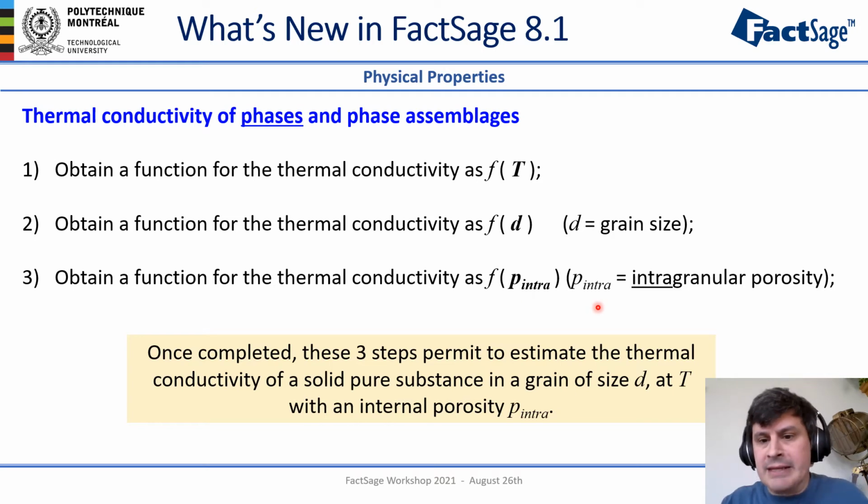And we have the intragranular porosity, so within a grain of a phase, which is single phase, if there is an intragranular porosity, its effect will be taken into account. So with these 3 steps, we can calculate the thermal conductivity of a pure solid substance with grain size, temperature, and internal porosity or intragranular porosity.